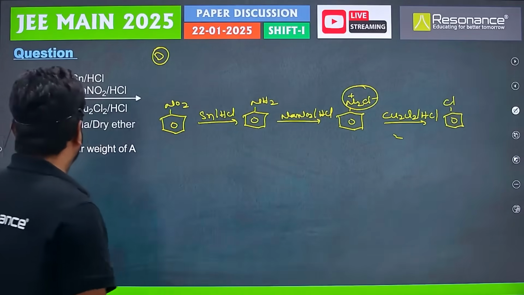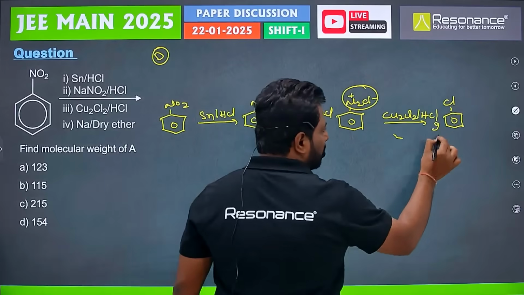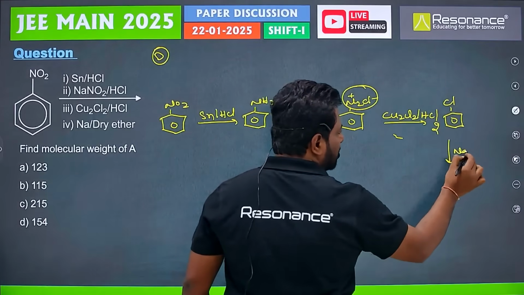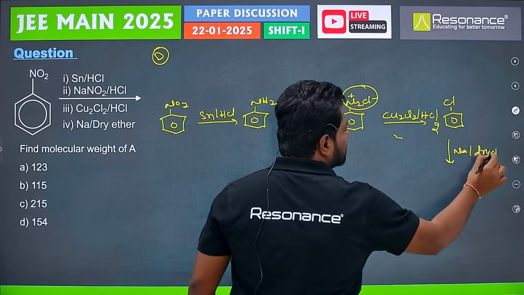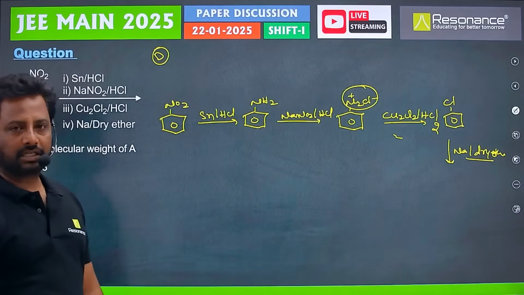Chlorobenzene we can obtain. Then sodium and dry ether: 2 moles of chlorobenzene with sodium in ether. One particular named reaction is there, that is the Fittig reaction.